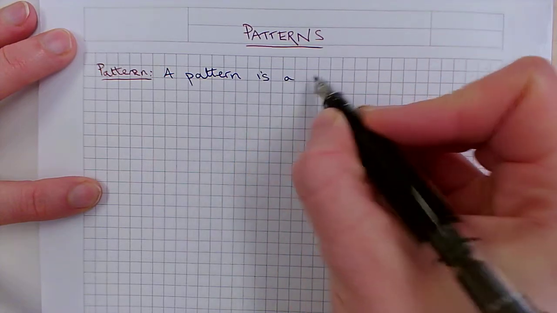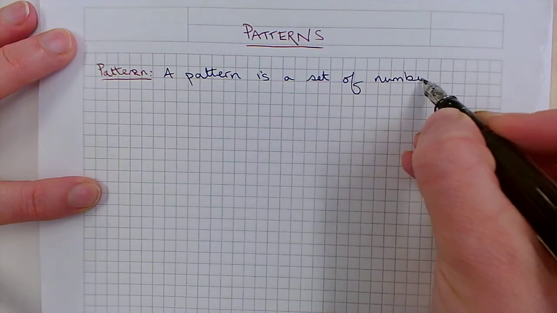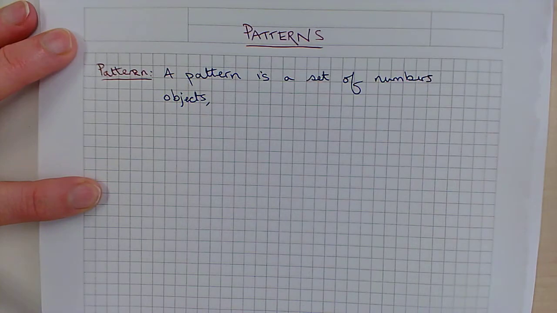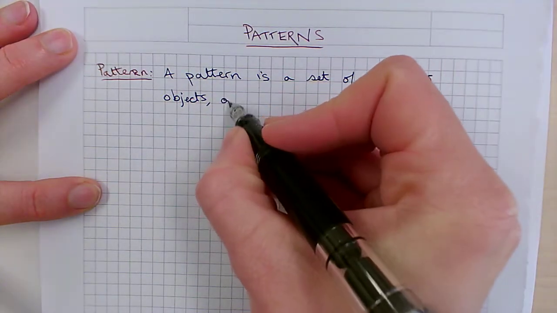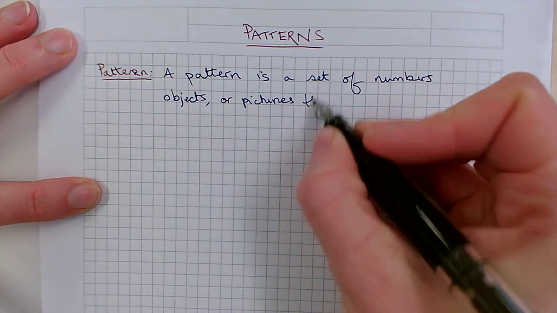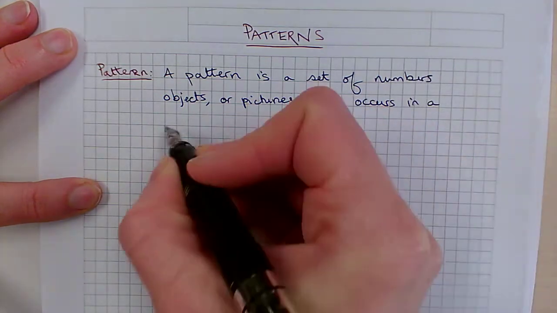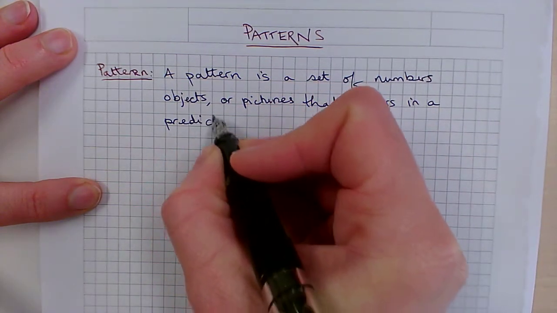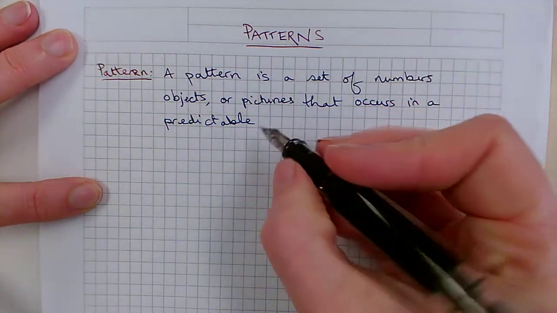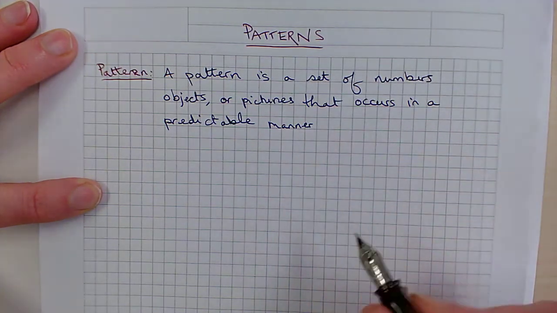It is a set or a list of numbers, objects, pictures, anything really, that occurs in a predictable manner. Apologies for my writing, my hands are a bit cold this morning.